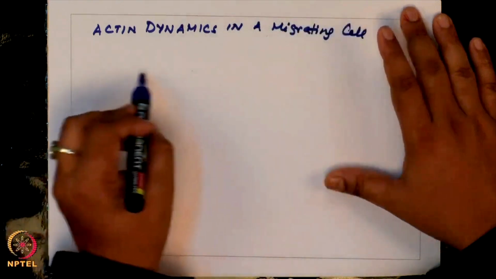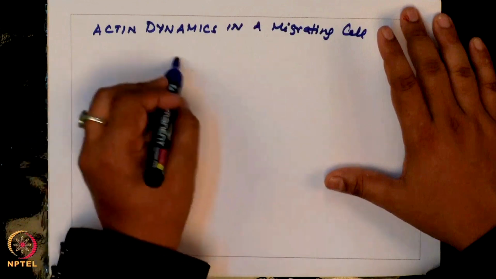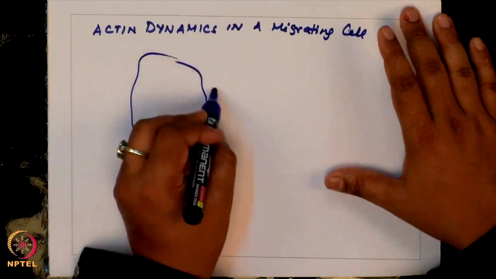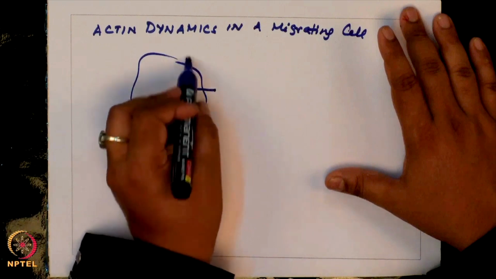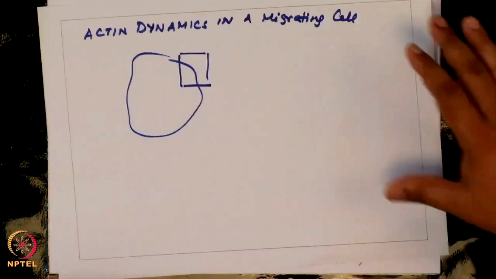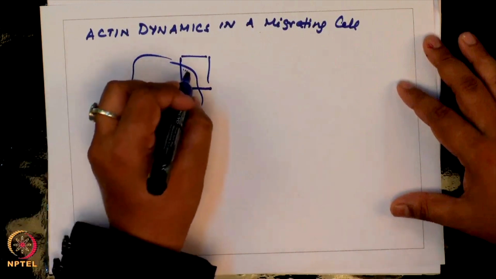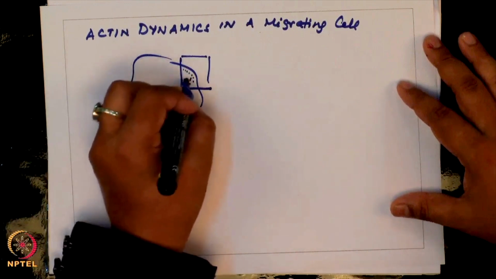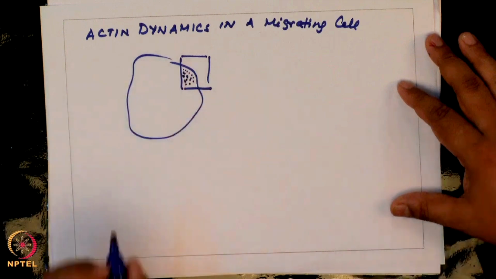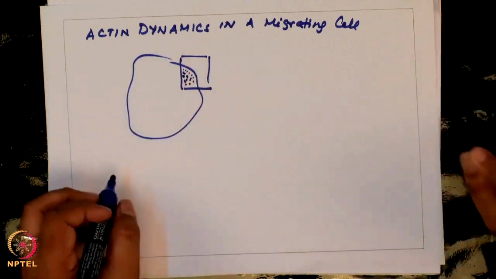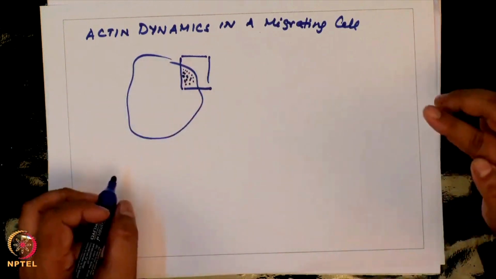If you have this whole cell, you can zoom into one corner, and if you look at the speckle images, you would see tons of dots, tons of these dotted particles, or speckles.